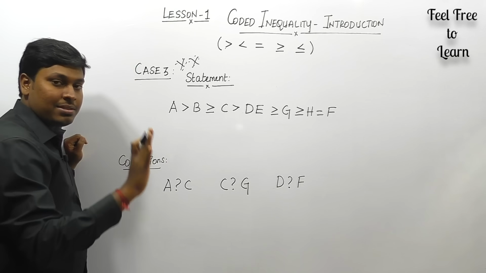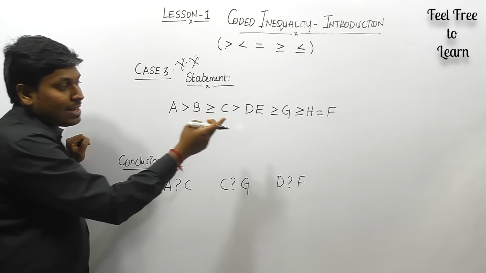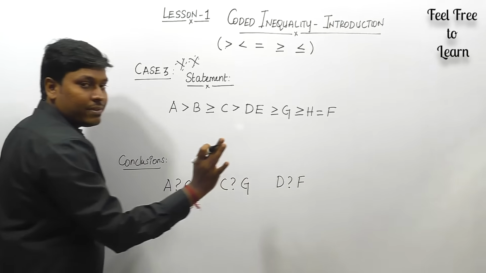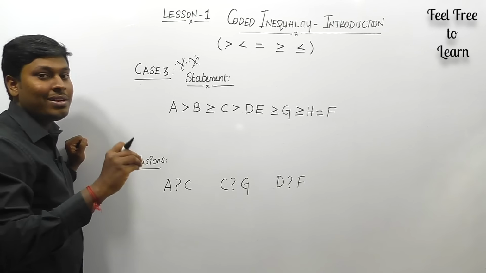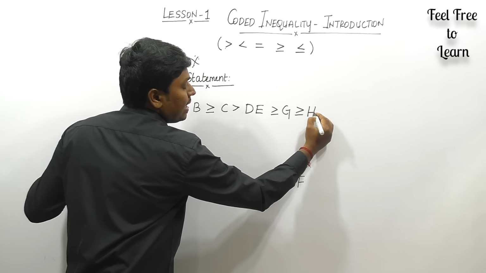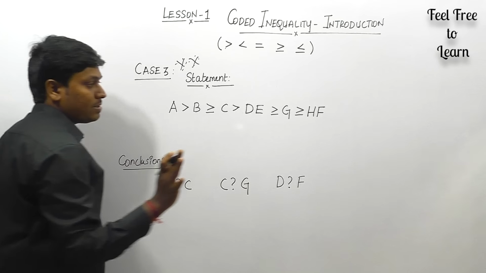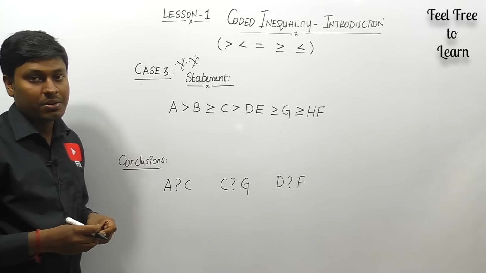Similarly, look at the last line, H equal to F. The meaning of H equal to F is H and F both are equal. So better rub this equal to symbol and write this as H and F. That's it. If you write like this, it will be easier to compare all the conclusions.